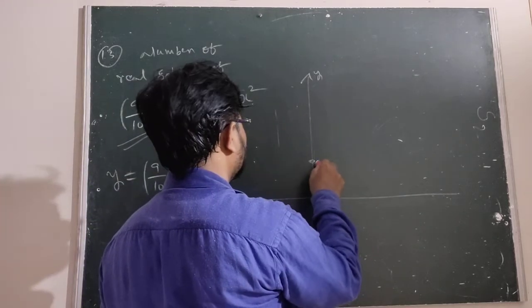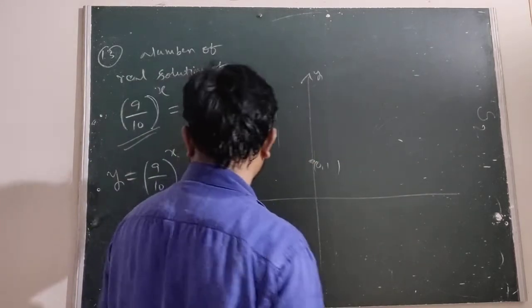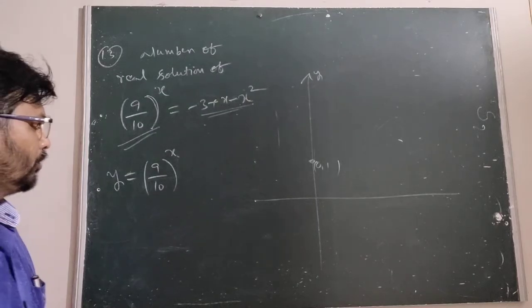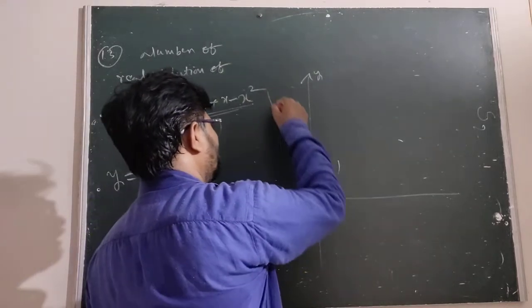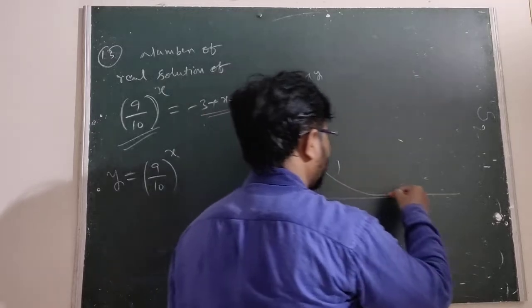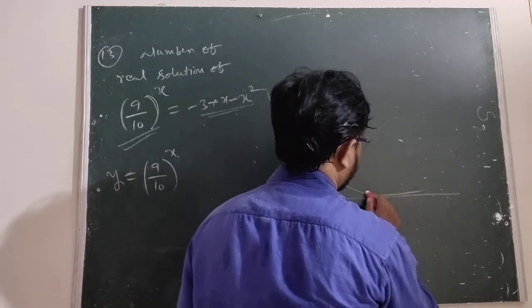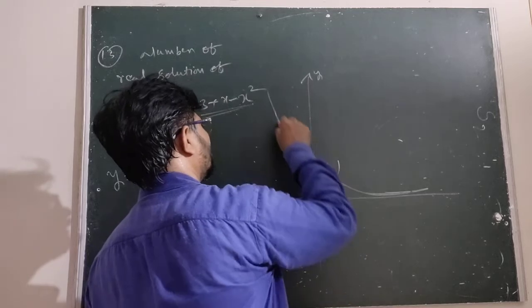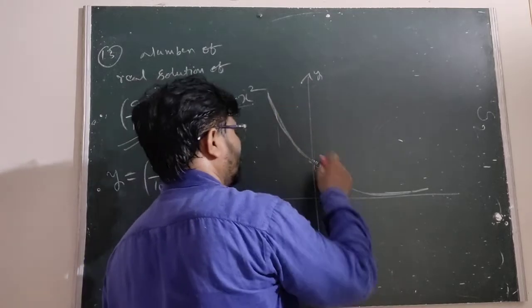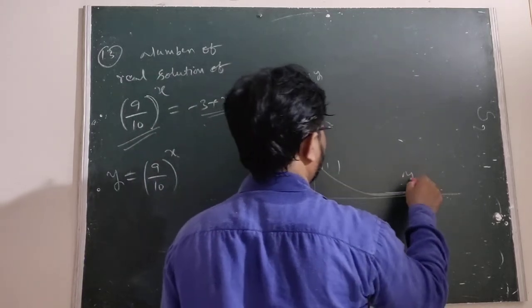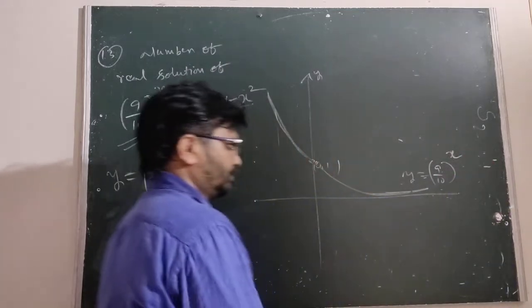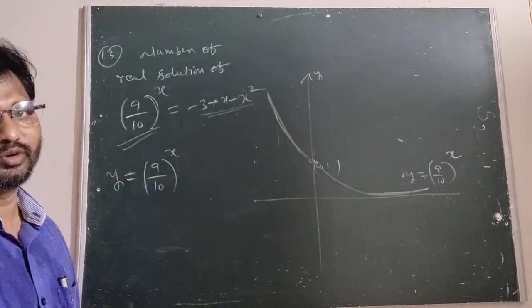Now this is the point (0, 1). Therefore, the graph of this one is nearer to the x-axis but does not meet the x-axis. This is the graph of y = (9/10)^x.